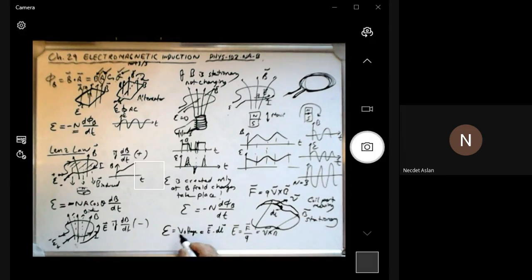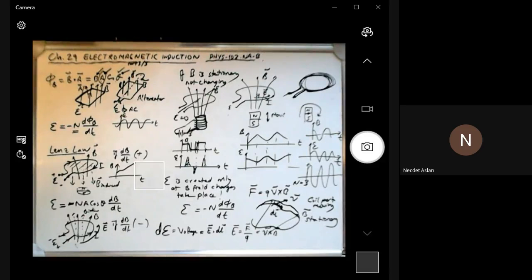This little change in the potential difference is E dot dl. This little segment will create some kind of potential difference between the two ends, given by this expression. Remember that the unit of the electric field was volts per meter.